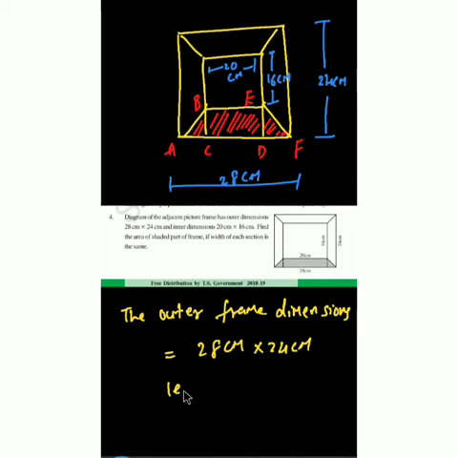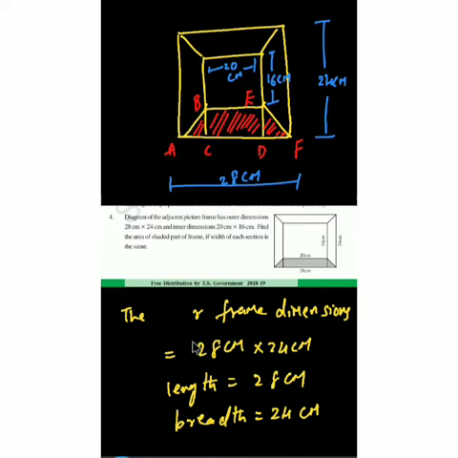So the length of the outer frame is 28 centimeter, and the breadth is 24 centimeter. Next, the inner frame dimensions are 20 centimeter into 16 centimeter, so the length is 20 centimeter and the breadth is 16 centimeters.